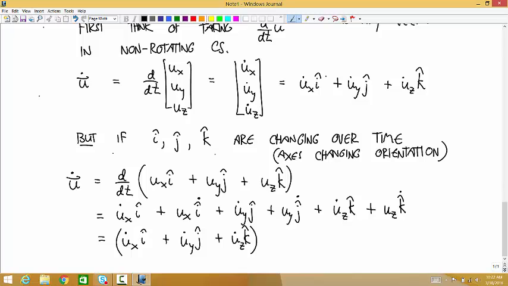And this, notice, is the way you would take a derivative in a non-rotating coordinate system. But then you also have this added piece that's equal to ux times i dot plus uy times j dot plus uz times k dot.